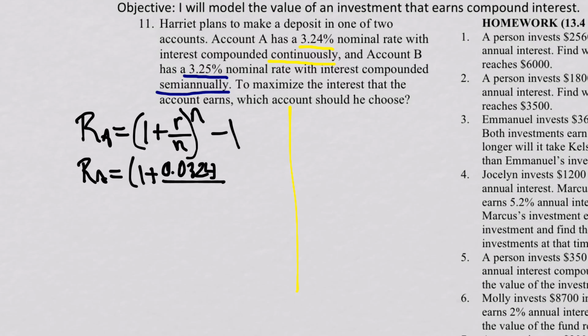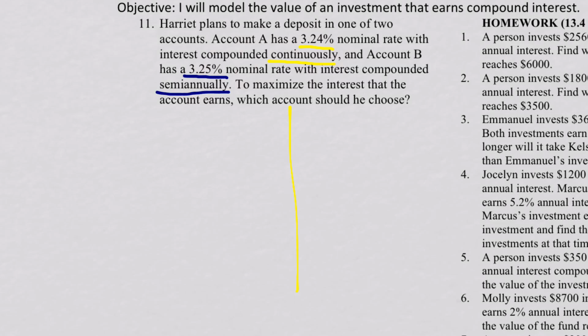Let's erase everything I just did. If you caught it before that, good job. I'm just testing you, of course. Let's go back and actually put in the correct equation. For compounded continuously, here it is. We're still going to call it R sub A, and it's going to be e to the R minus 1, which is actually the easier one of all, right?